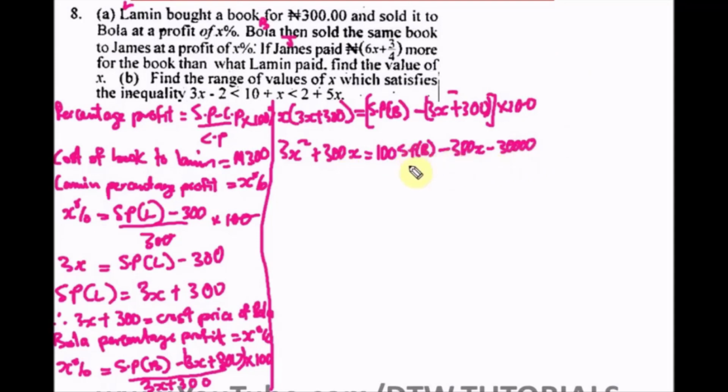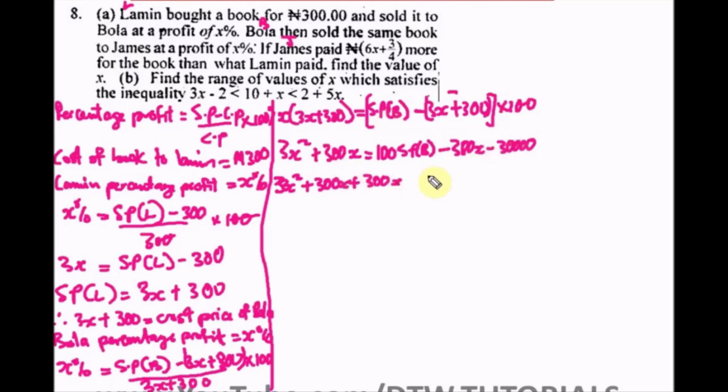So let's say we're looking for the selling price of Bola. Let's take everything else to this other side of the equation, then we'll divide everything by 100 so that we can know the selling price of Bola. All right, so we have here 3x squared then plus 300x. Taking minus 300 to this side, we have plus 300x.